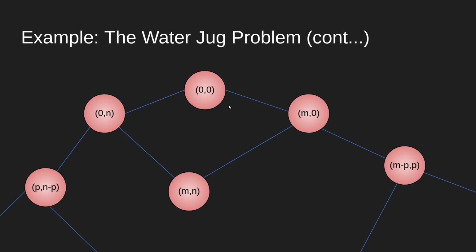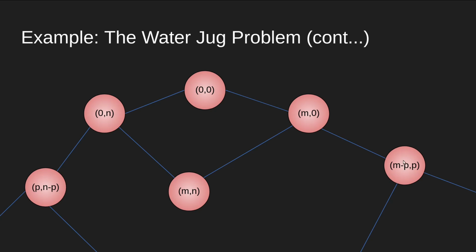So here I have an example of a graph. We start at 0, 0, and then we can either fill the first jug or the second jug. So then we have 2 nodes after that. From there we can either fill the opposite jug and get to the same thing, or we can pour some amount P from each one into the other jug.